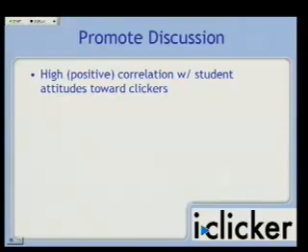And in general, people like the clickers, and a bit of this, I think, is a little bit unfair because the faculty who adopt these things are usually, at this point, all kind of the go-getters, and in general, some of these faculty, I swear, if you gave them a piece of toast, they would turn it into a great teaching tool. So it's not completely fair, but they're generally positive.